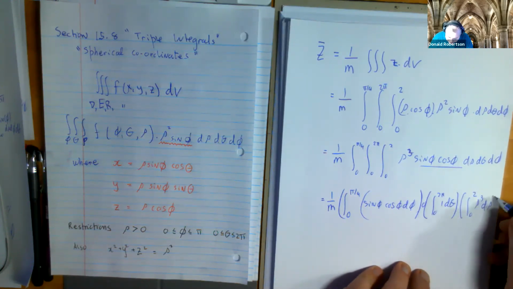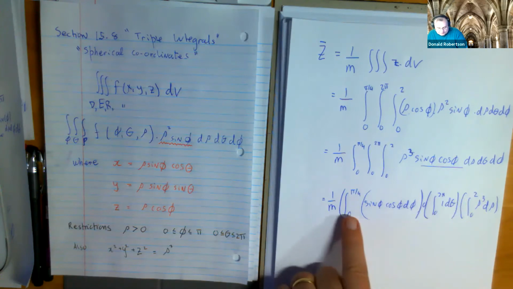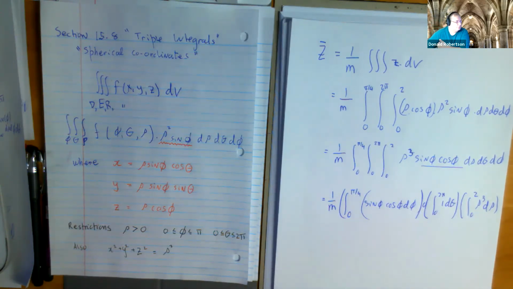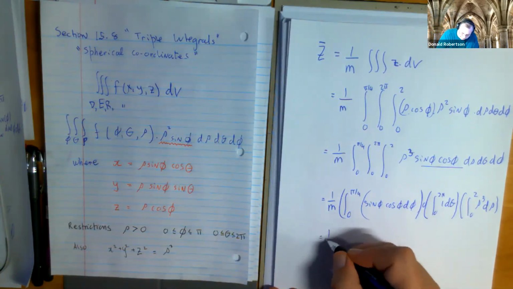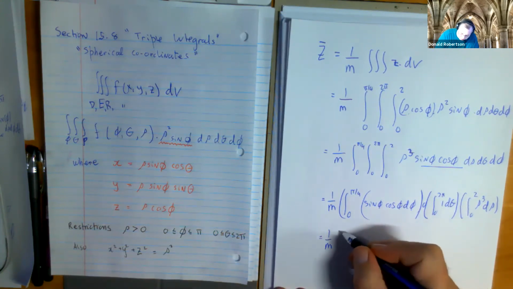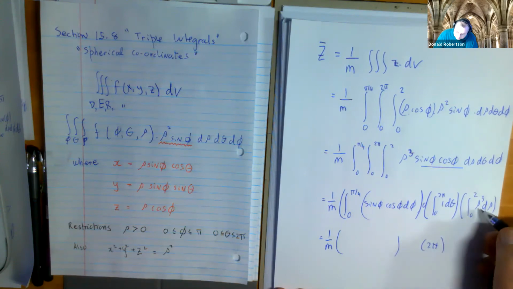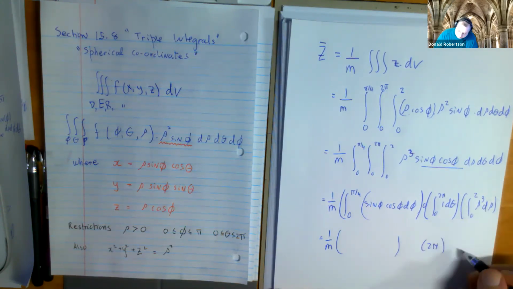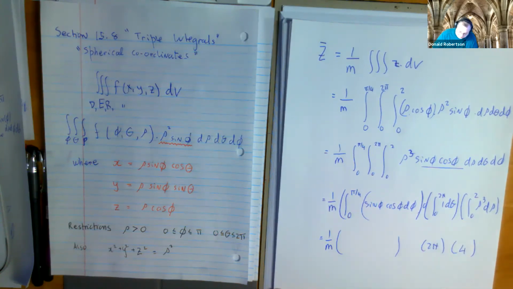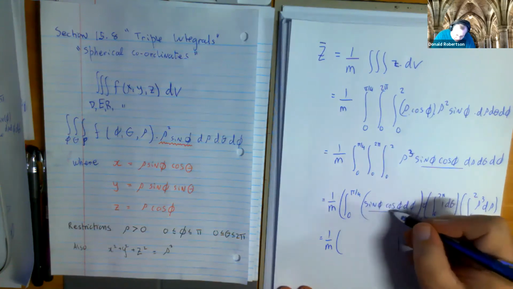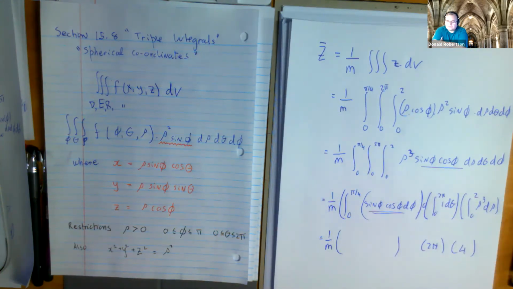Are we happy about this splitting into three separate integrals? This one is 2 pi. This one is 1/4 rho to the 4, just 4. So I'm stuck with this one. What method would I use to integrate sine phi cosine phi dphi?